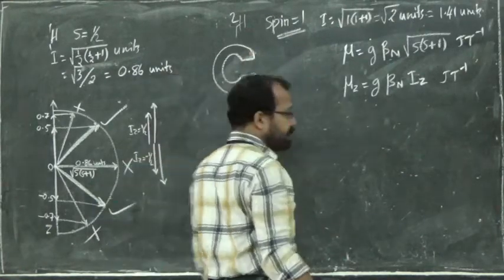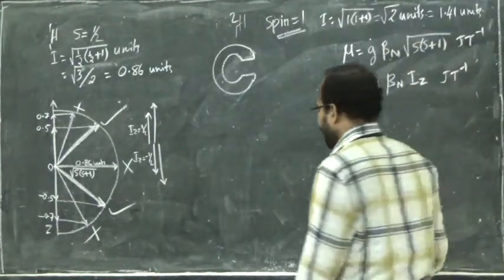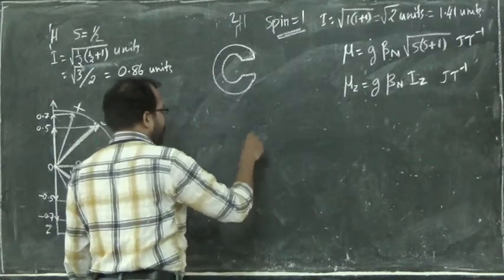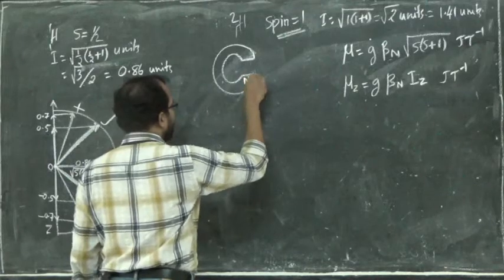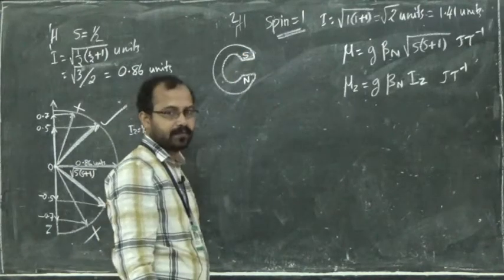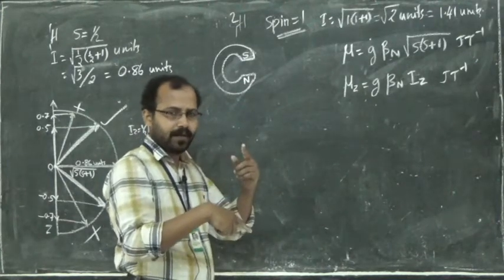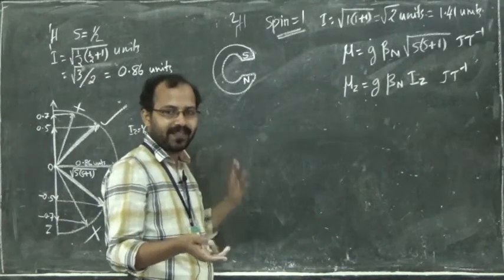Here is the north pole and here is the south pole of the horseshoe magnet. If you want, you can put it in the reverse direction. It depends on how you place the horseshoe magnet. No problem. I am placing it like this.